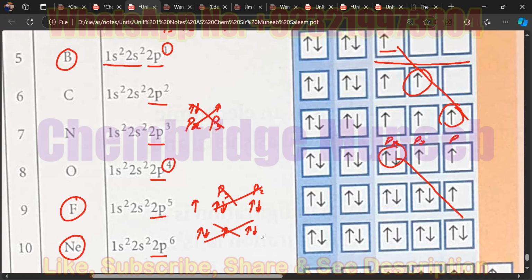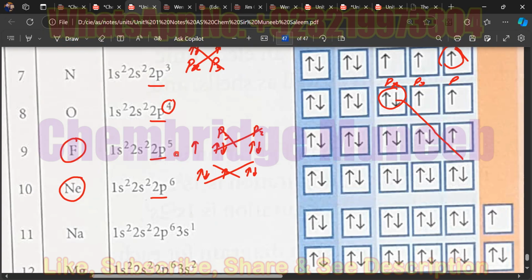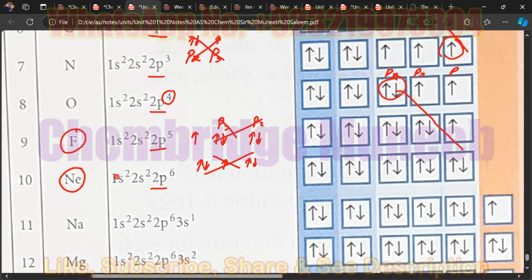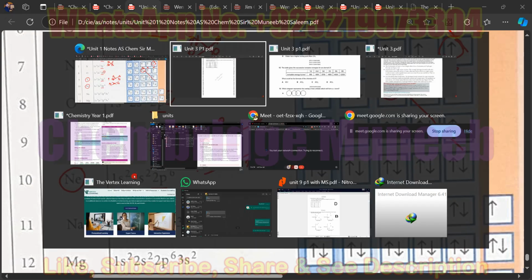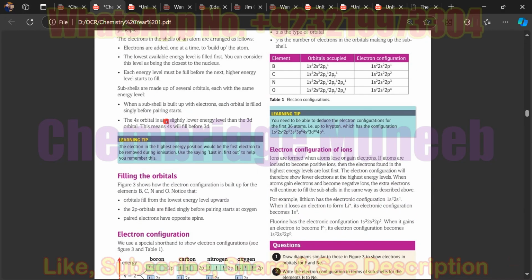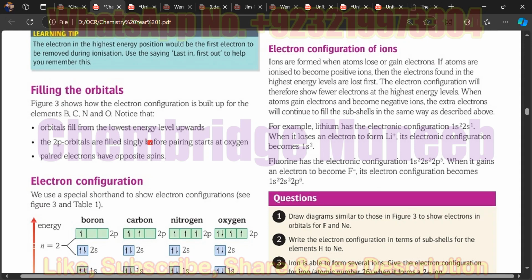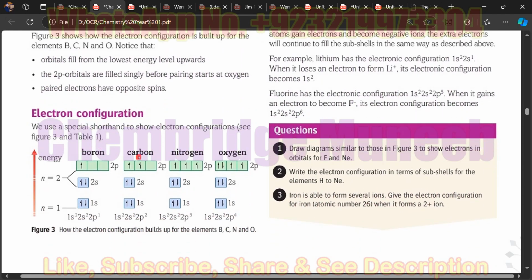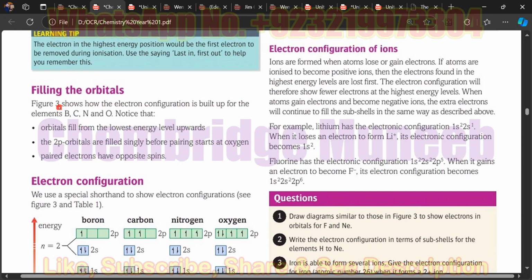Is that clear? Yeah. Okay, so I have shown you the filling of the electrons from atomic number 1 to 10. Now you just need to apply this on the elements of the next period. The next period will follow the same rule. So now let's see what's shown in your OCR book.